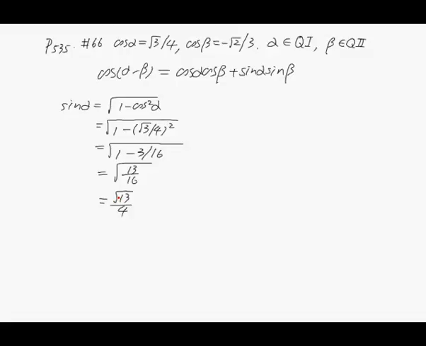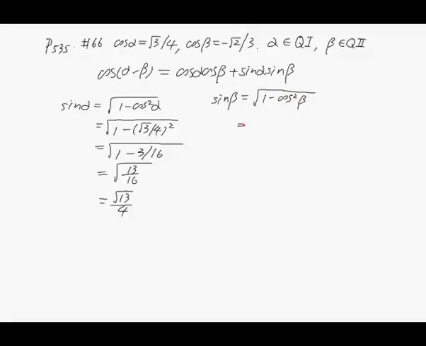And now let's look at sine beta. Beta is in quadrant 2, so sine beta is also positive. So this is equal to the square root of 1 minus cosine squared beta.